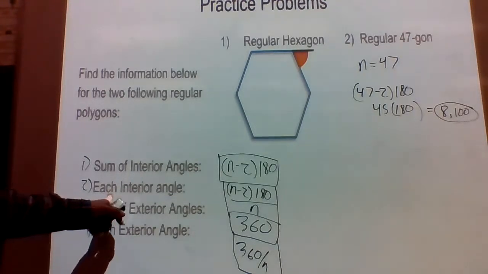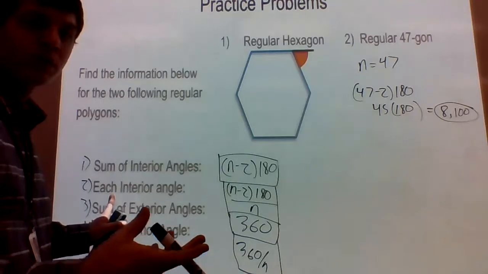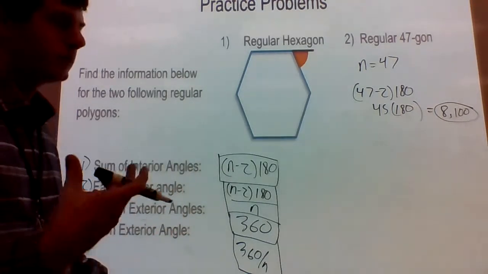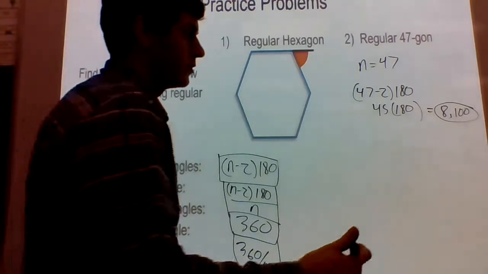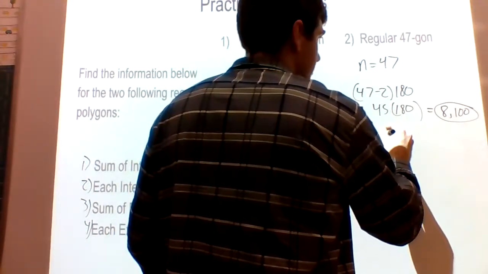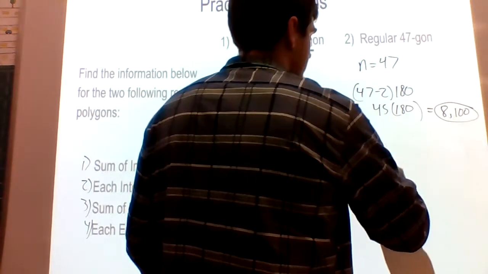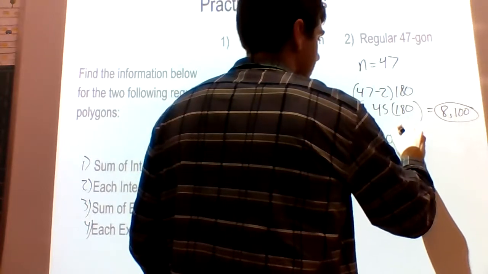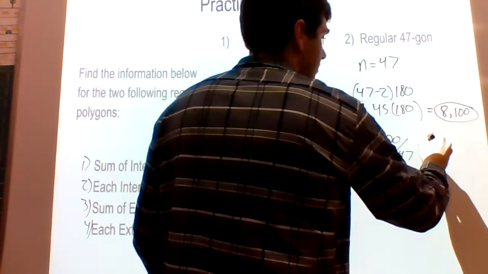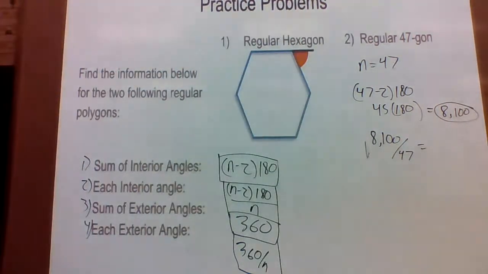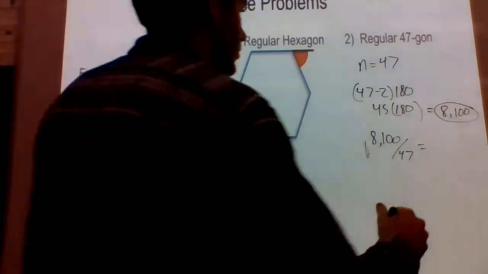For each interior angle, we have to take the sum of the interior angles and divide by how many angles there are. So how many angles are there? 47 sides, 47 angles. So we divide by 47, we get 172.34.